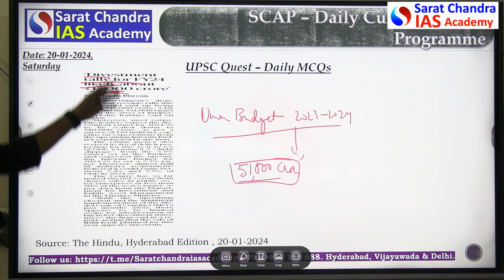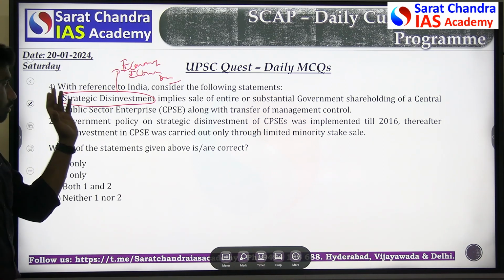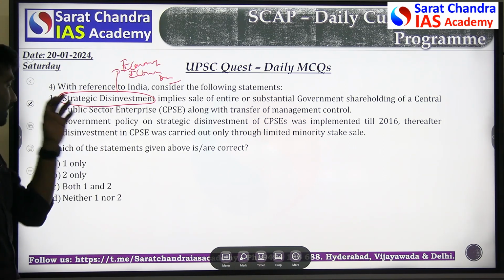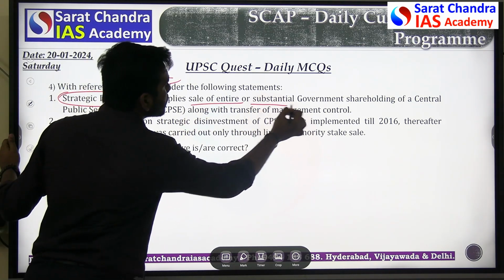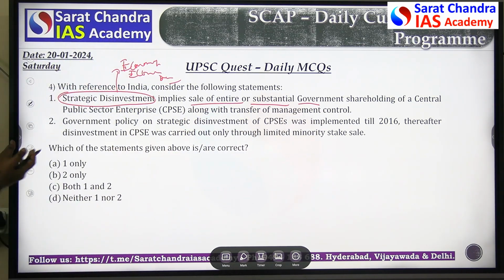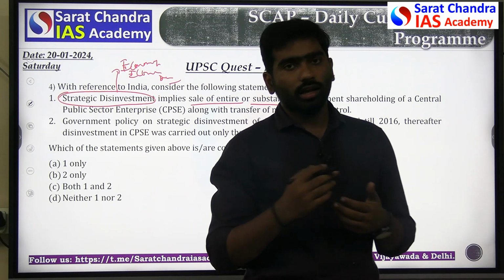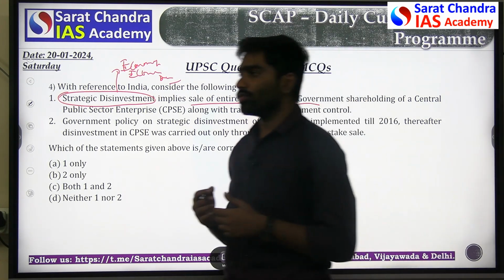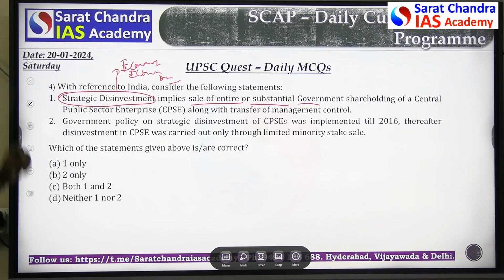With respect to this concept, the question may be like this. It is a directly static kind of question. Strategic disinvestment means the sale of entire or substantial government shareholding of a central public sector enterprise along with the transfer of management control. First of all, you need to know the different types of disinvestment. We have three types: minority, majority, and strategic disinvestment.